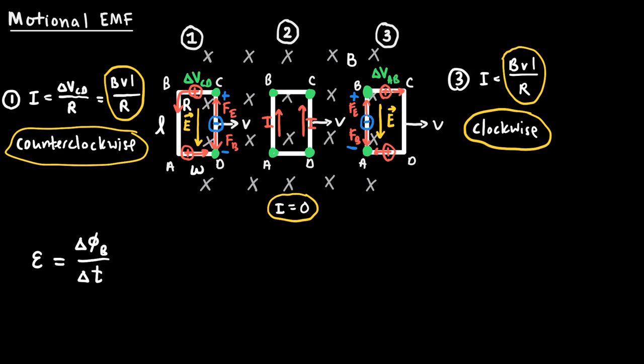And Lenz's law tells us that the direction of the current that is produced by this electromotive force will be in a direction such that the current flows to create a magnetic field that opposes the change in the flux.